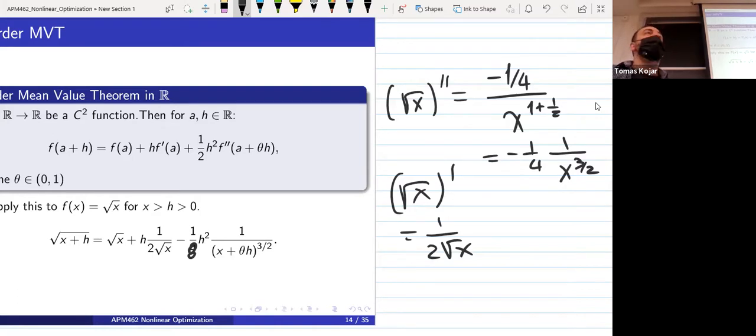Can someone tell me what happens when x is 0? Well, you can only take x to 0. So yeah, what happens at x equals 0? It doesn't work, right? So that's what I say. But at least you know how quickly you diverge.